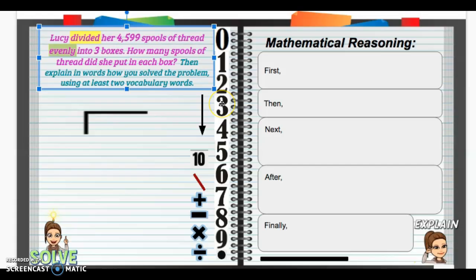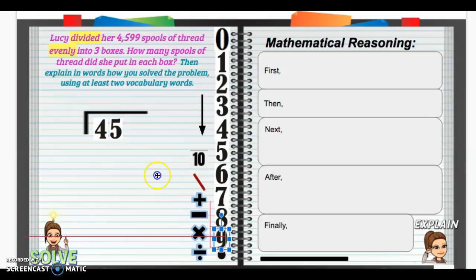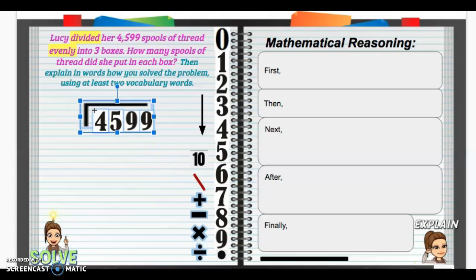So you're going to rewrite the problem with your dividend being 4,599. I'm going to move that up a little bit. You're going to put your numbers on the words. And then your divisor is 3.